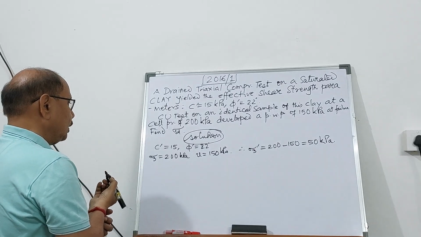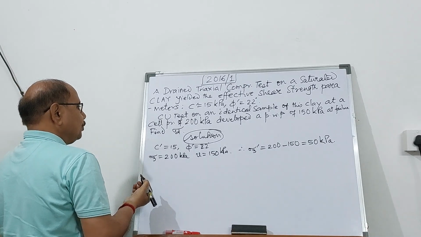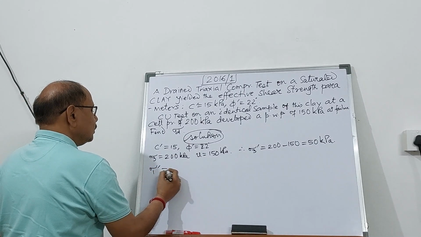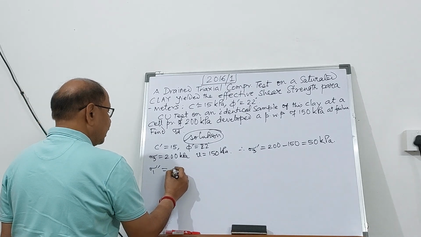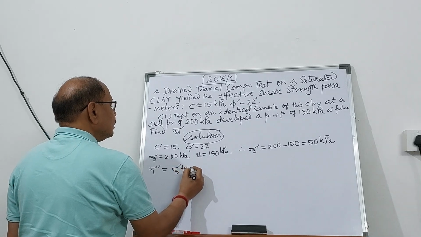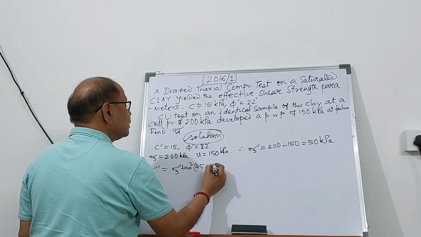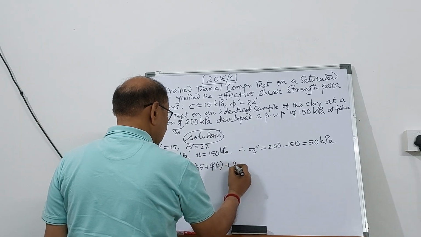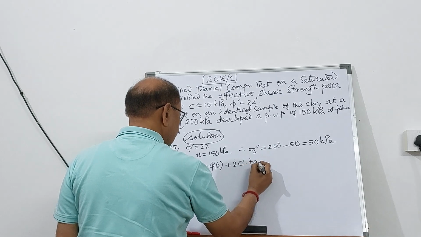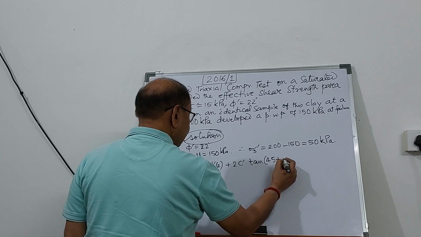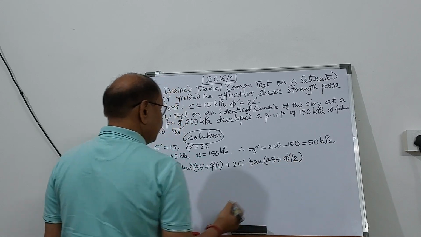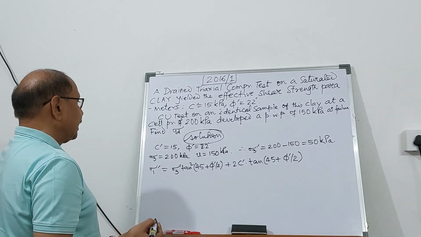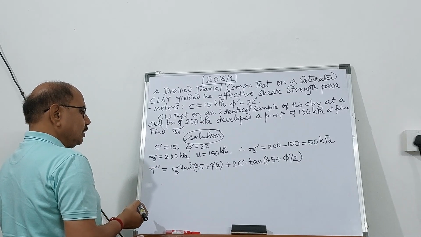Now, if you apply sigma 1 prime equal to sigma 3 prime tan square 45 plus phi prime by 2 plus 2c prime into tan 45 plus phi prime by 2, then you will be able to calculate by substituting the various values.